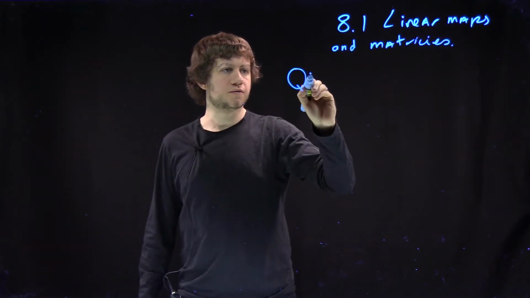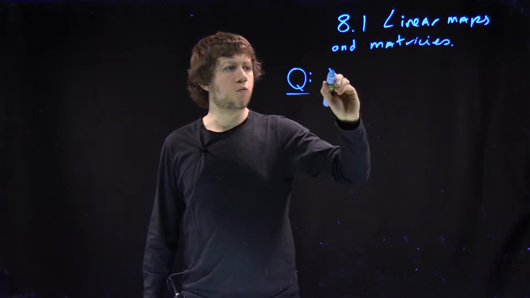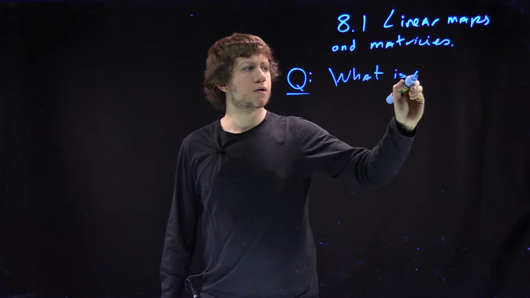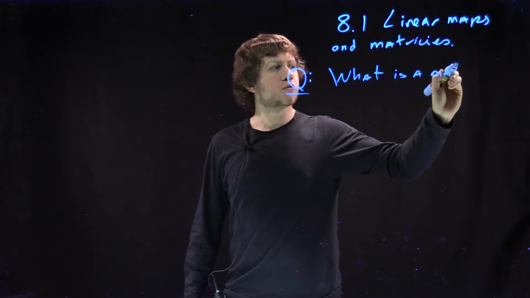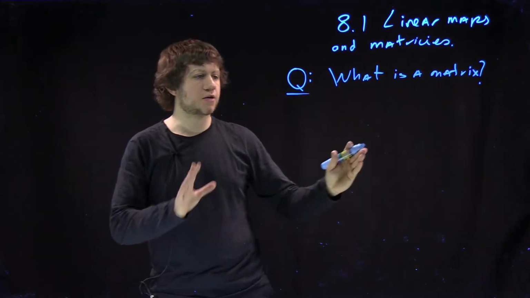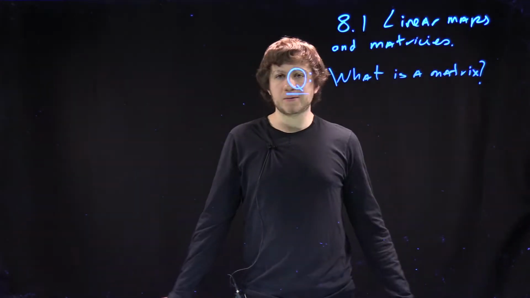And the main question here is the following naive question. So what is a matrix? And of course you already know a matrix is this kind of array of numbers written down as a box, but why do we do that?